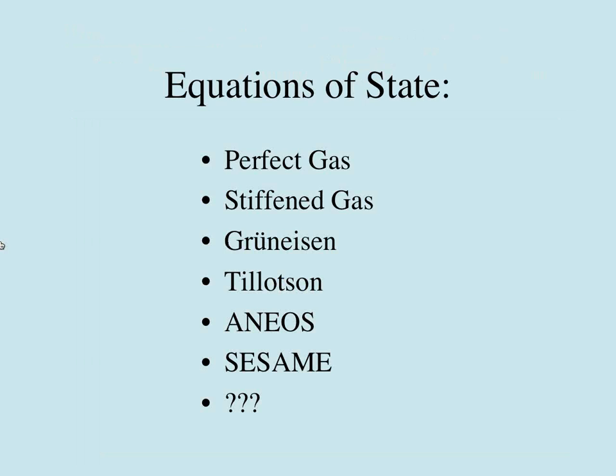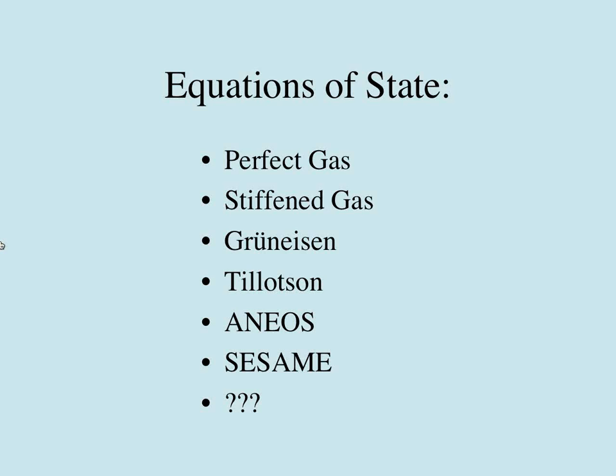Equations of state in current use, well, the simplest ones are perfect gas. You can add levels of complication. Stiffened gas, a Gruneisen equation that relates the pressure to internal energy. Tillotson equation, which is an algebraic equation that doesn't have phase transformations but is created for impact calculations.